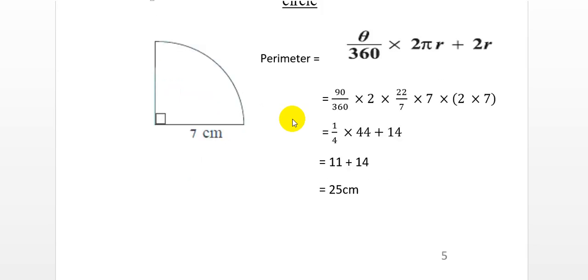So the next section of this particular lesson is calculating the perimeter of plane figures which contain the sectors of the circle. That will be discussed in the next video.